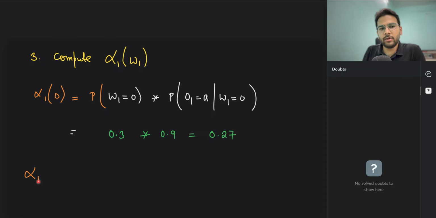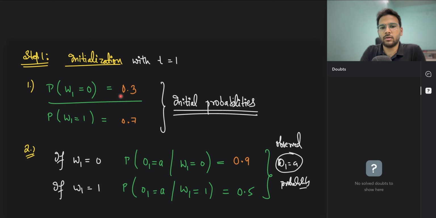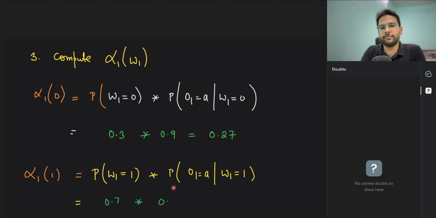Similarly, we need to calculate this also, where W1 is equal to 1 now. So I can write the same thing. Probability of W1 is equal to 1 multiplied by probability of O1 is equal to A given W1 is equal to 1. So this is 0.7 multiplied by 0.5, right? 0.5, yes.